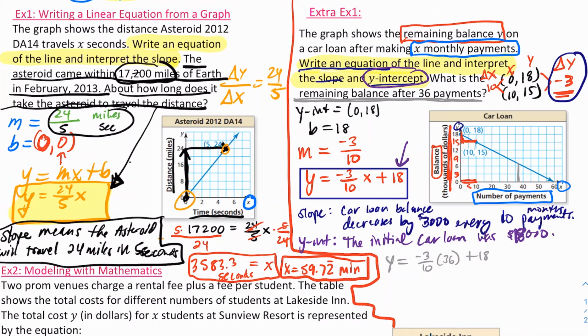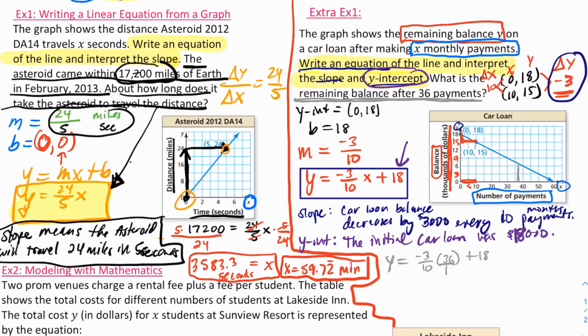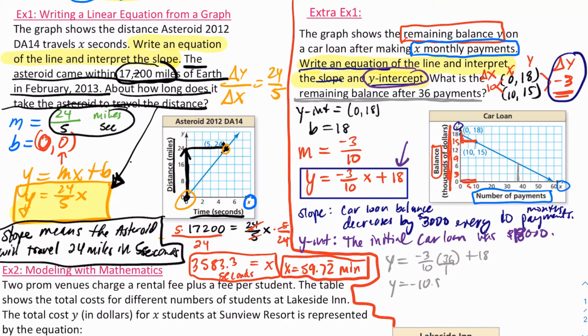So if you multiply negative 3/10, and actually you can make 36 over 1. So you could do negative 3 times 36, and then divided by 10. That's going to give you negative 10.8 plus 18.